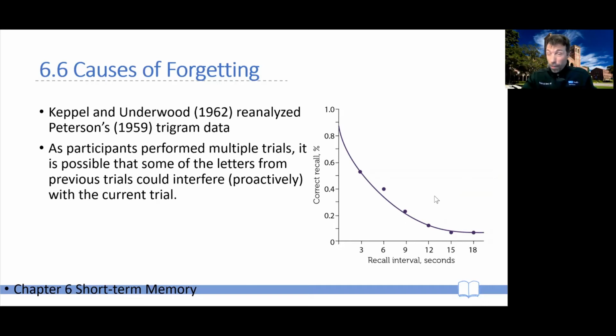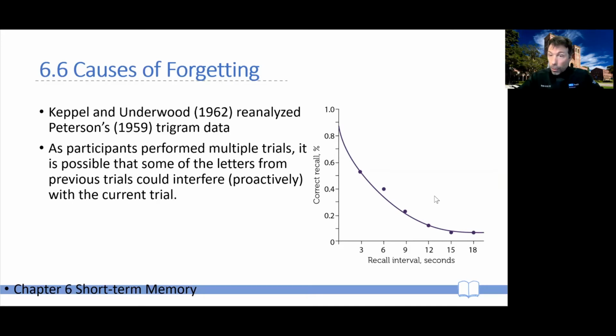This was to prevent them from rehearsing. And Peterson found that short-term memory under this circumstance lasts somewhere around 15 seconds. They interpreted this as a case of decay. If you don't rehearse something in memory, it slowly fades, and then it's gone.